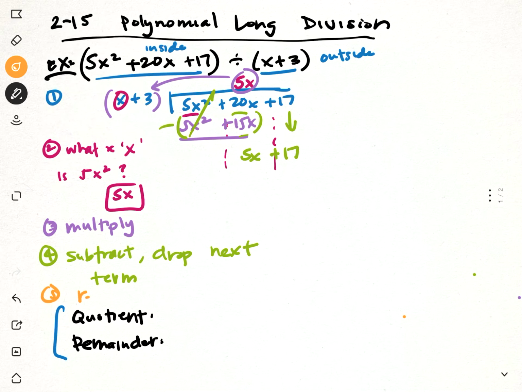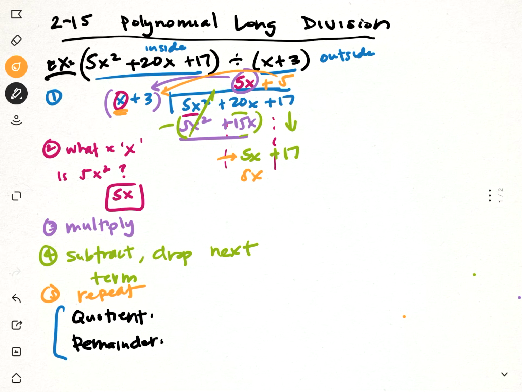Let's use orange. Step 5, repeat. Again, we're looking at our x. What times x is going to give us 5x? Well, that's 5, right? 5 times x is 5x. So we're going to say plus 5. And then again, step 3, we're going to multiply it into our x plus 3.